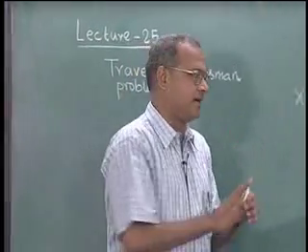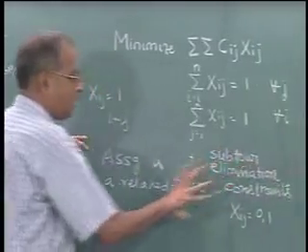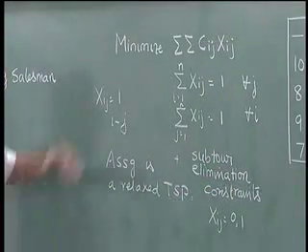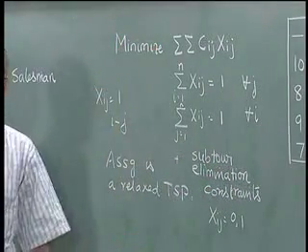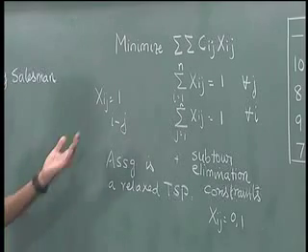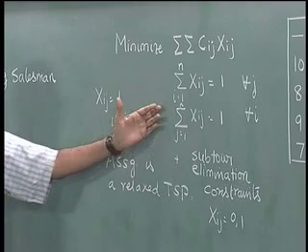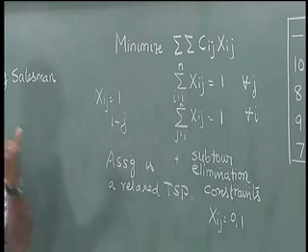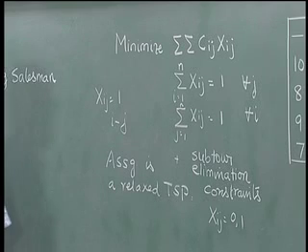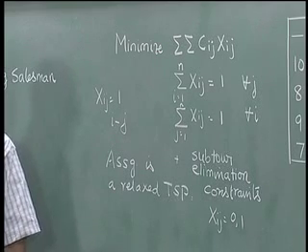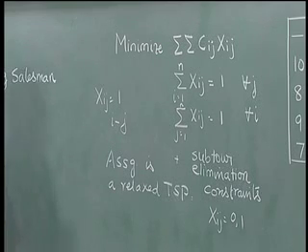So, we use that idea and relax the subtour elimination constraints, so that the resultant problem is an assignment problem. If the optimal solution to the assignment problem is feasible to the TSP, then it is optimal to the TSP as well. So, we use that idea and first solve an assignment problem.